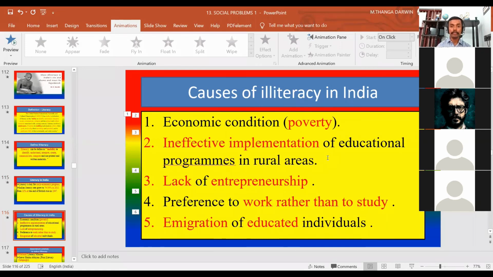The government has a lot of programs, but they are difficult to implement due to various reasons, tribal and urban reasons, mainly these rural factors. Third, lack of entrepreneurship. Entrepreneurship means the individual's interest to invest in education. Fourth, work rather than study. People choose work as better than study. Then emigration of educated individuals, which is very, very important.